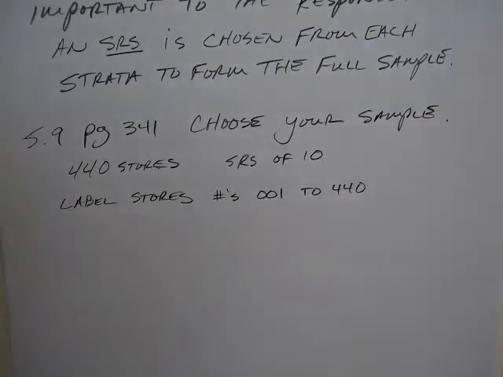The reason for 001 is because I want to be looking at all 3-digit numbers because my largest number is 3 digits. Now, I could make pieces of paper, put store 1, store 2, store 3, stick them in a hat, mix it around and grab 10 out, right? That actually would be an acceptable way to choose an SRS. But this is also an acceptable way.